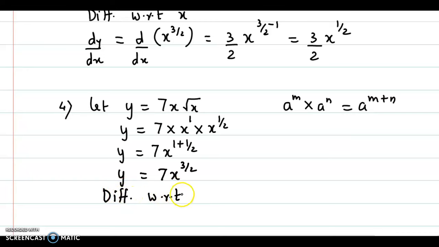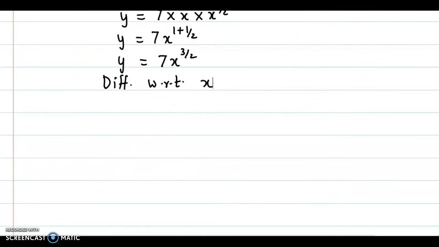Differentiating with respect to x, we obtain dy by dx is equal to, in this case 7 is the coefficient of the x term, so we just keep it as it is, times the derivative of x raised to 3 by 2.